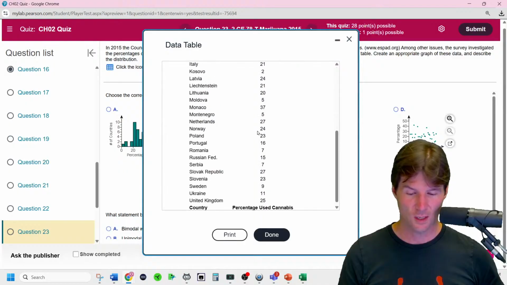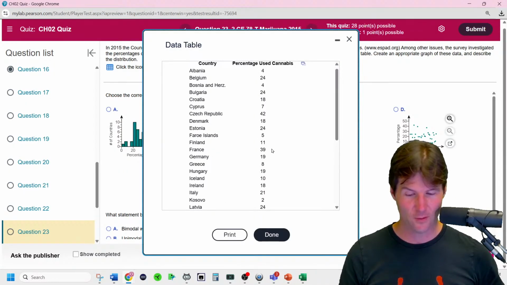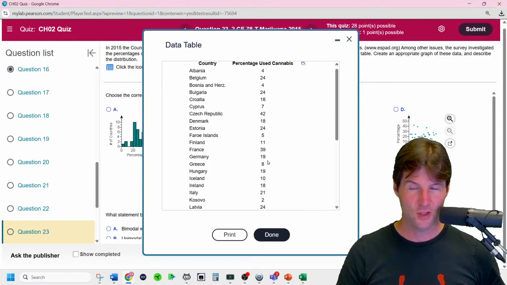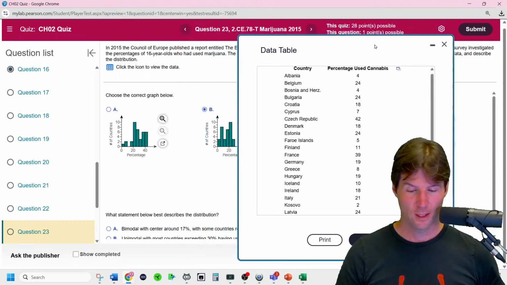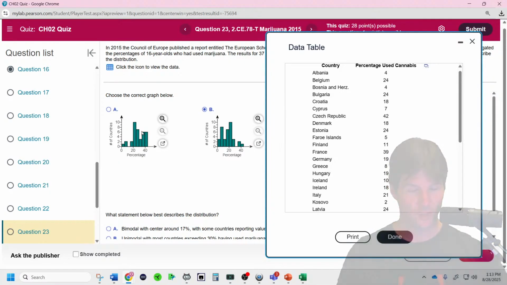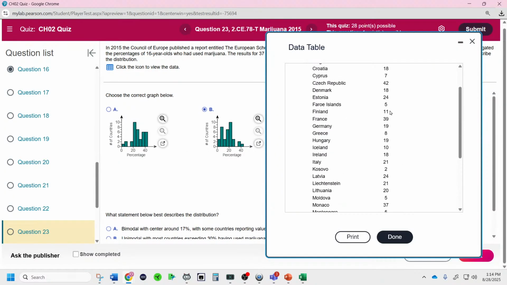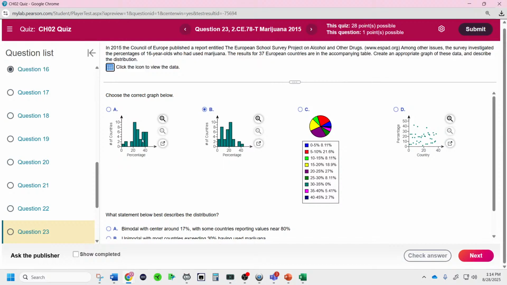Do you see a lot of numbers around 40? If we see a lot, it should be like 12 observations close to 40. No, I only see like that and that. So there's only like 2 or 3 observations. It should be like a third somewhere on here. There, that one, Monaco. So which one is it? Was there a lot of data around 40, or is there not a lot of data?